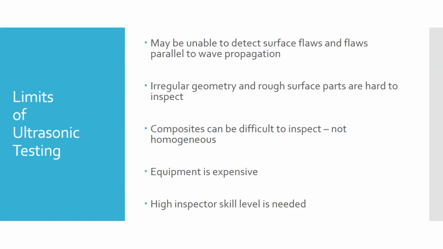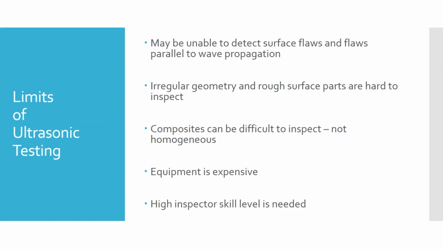So this is heavily used for composites, but it has to be carefully designed to work with the composite that you're inspecting. And the inspector has to be trained to inspect the composite being tested in order to understand and interpret the results of that inspection. The equipment is comparatively expensive, especially when you compare it to something like dye penetrant, where you just need a few spray cans to do very basic dye penetrant.